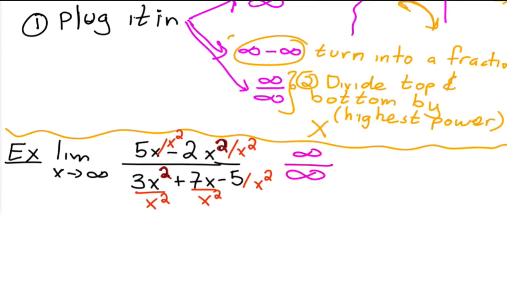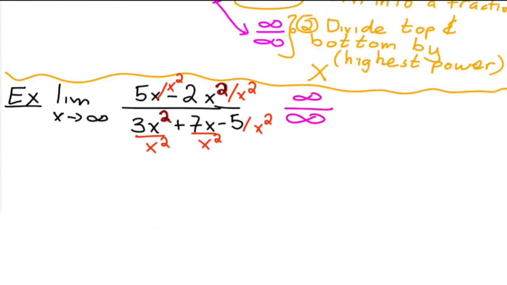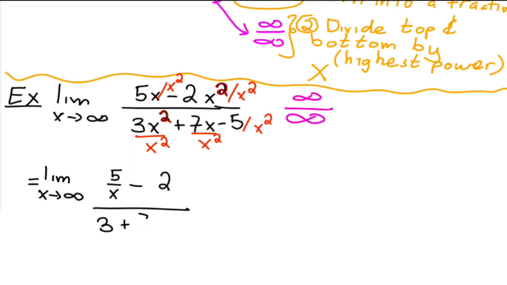Okay, so then what I get is the limit as x approaches infinity of 5 over x minus 2 over 3 plus 7 over x minus 5 over x squared.